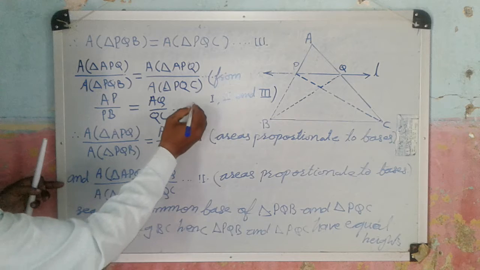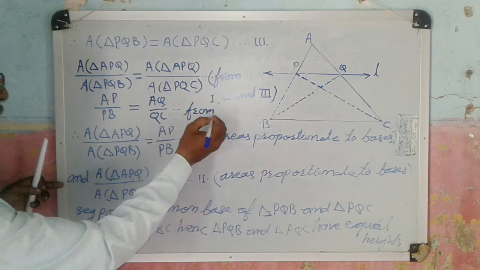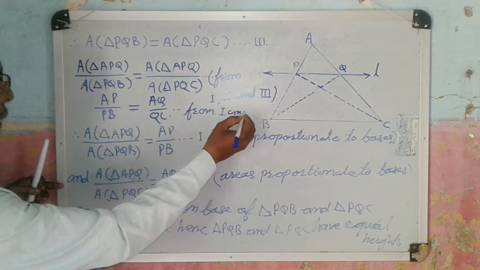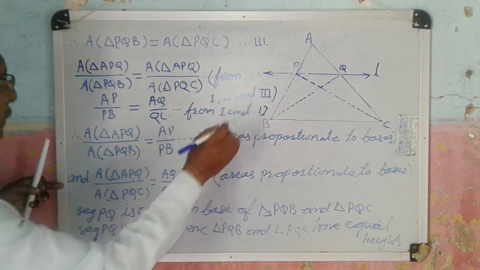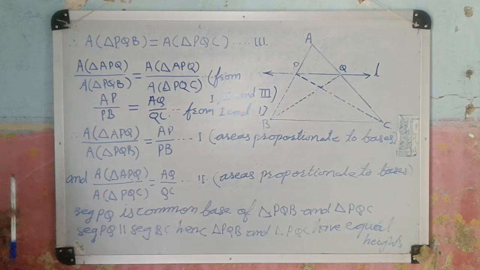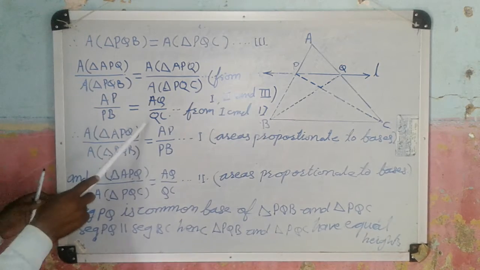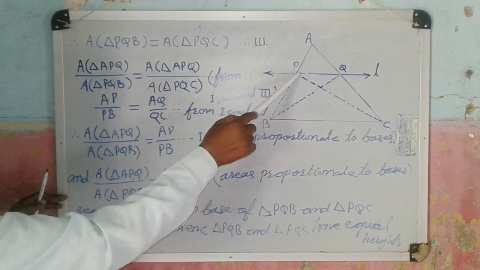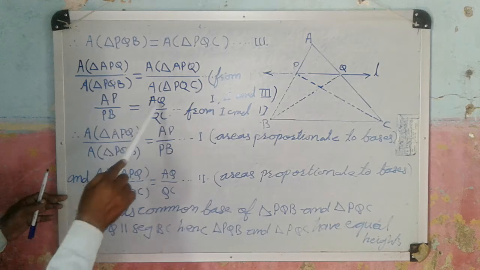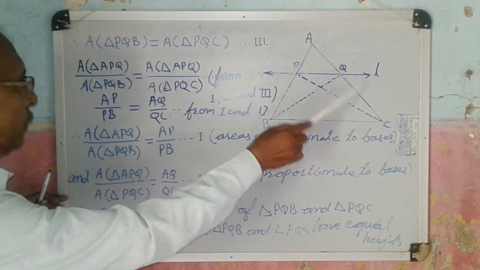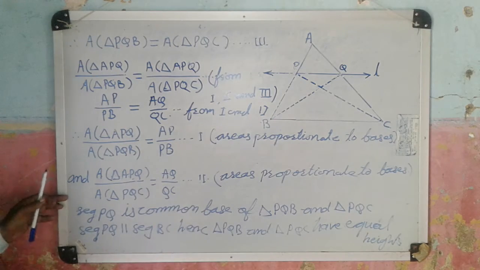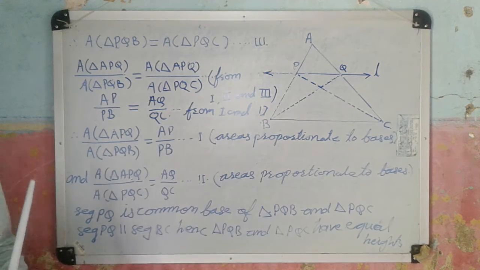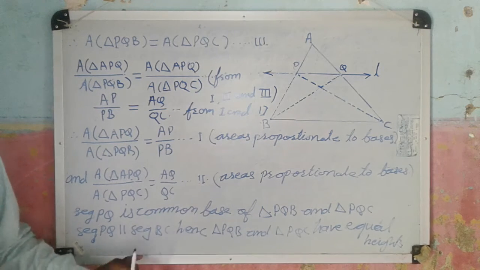From first and second, this is proved. Now this theorem is proved. That means AP upon PB is equal to AQ upon QC. In this way, you have to write the proof of this statement.